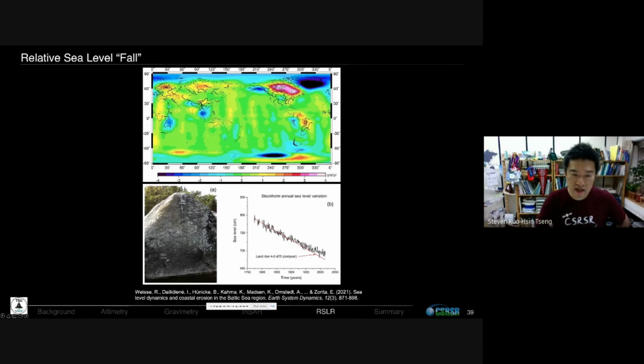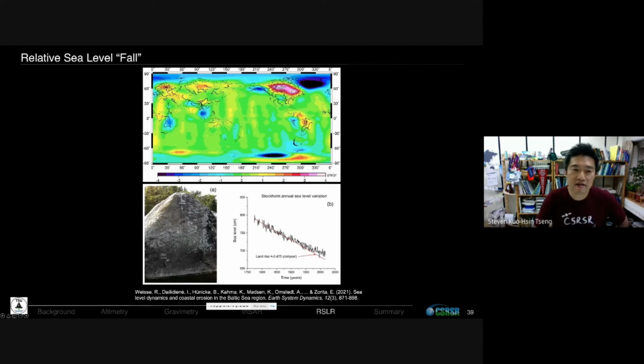You can see that this is a stone in Stockholm. This is the sea level in 1731. This is 200 years later. The sea level was here, but now it's even lower than this marker. So this is the sea level fall in the Baltic Sea area.